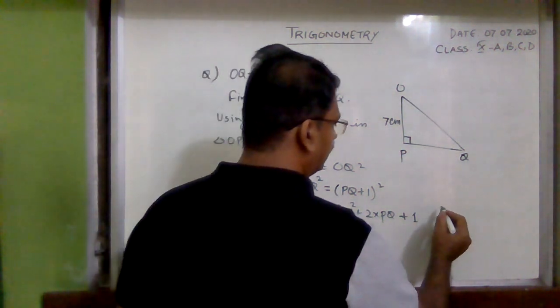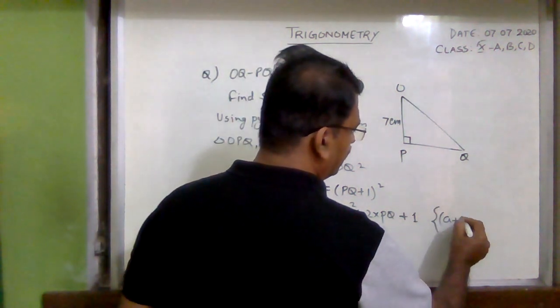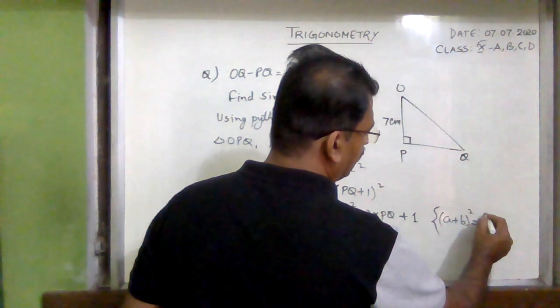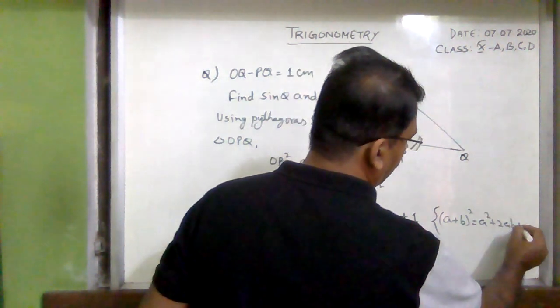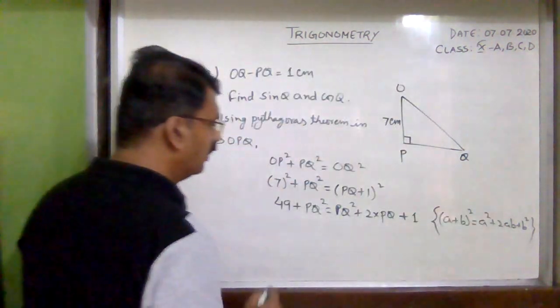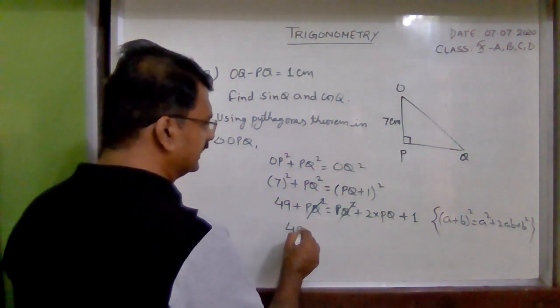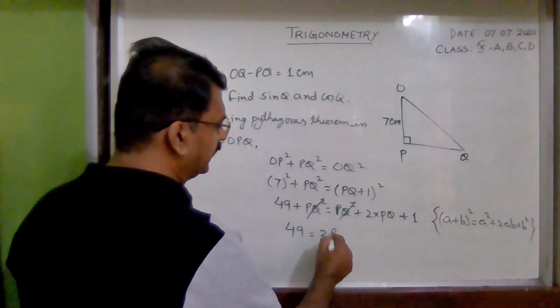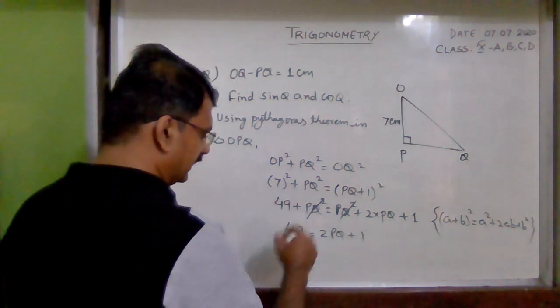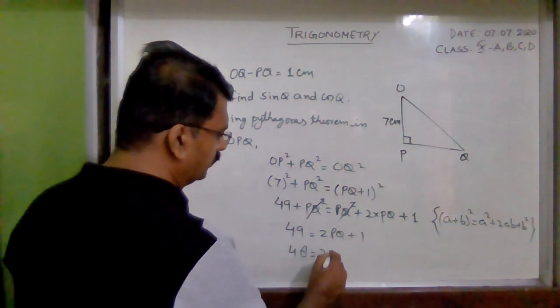Okay, the formula that we have applied here is (a+b)² = a² + 2ab + b². Now PQ² gets cancelled, so 49 = 2PQ + 1, that means 48 = 2PQ.